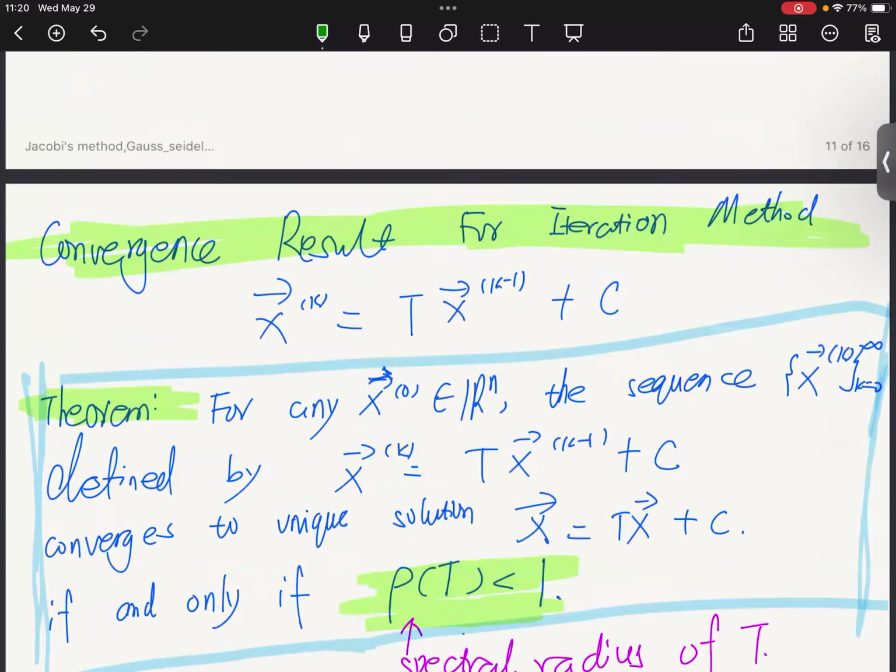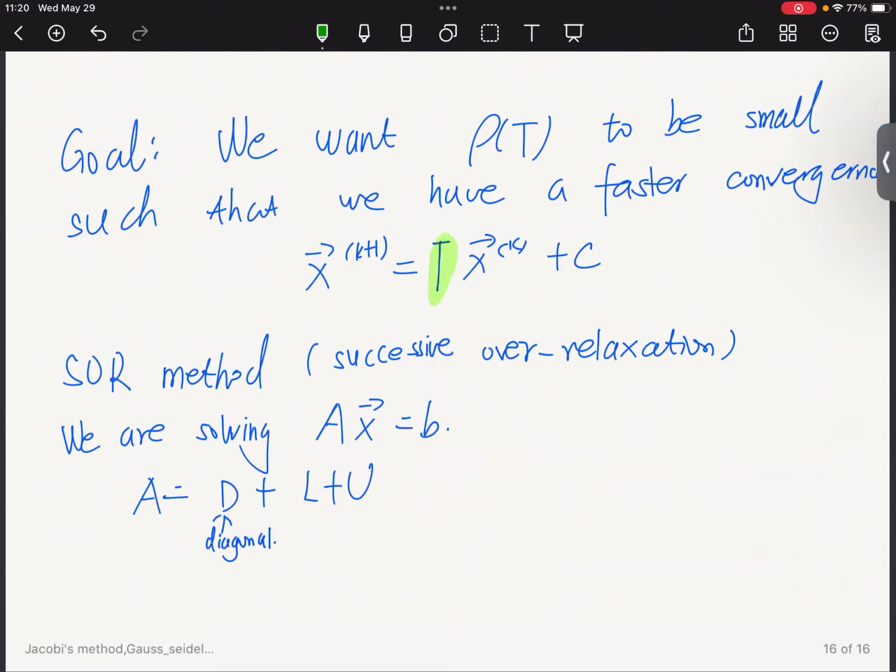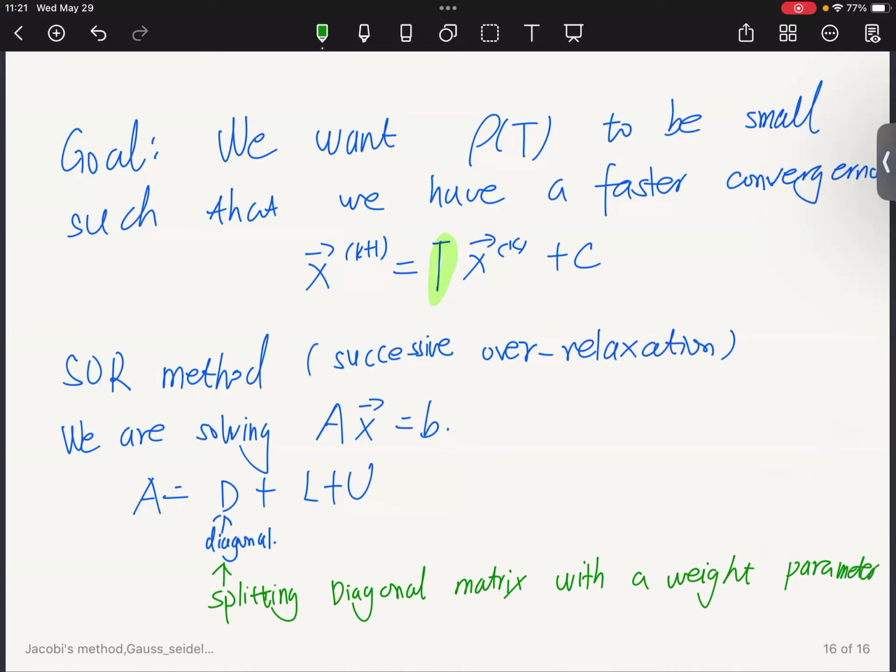Now let's go back to the SOR. It's quite similar. We split A into D plus L plus U, and now we are splitting the diagonal matrix with a weight parameter, omega.